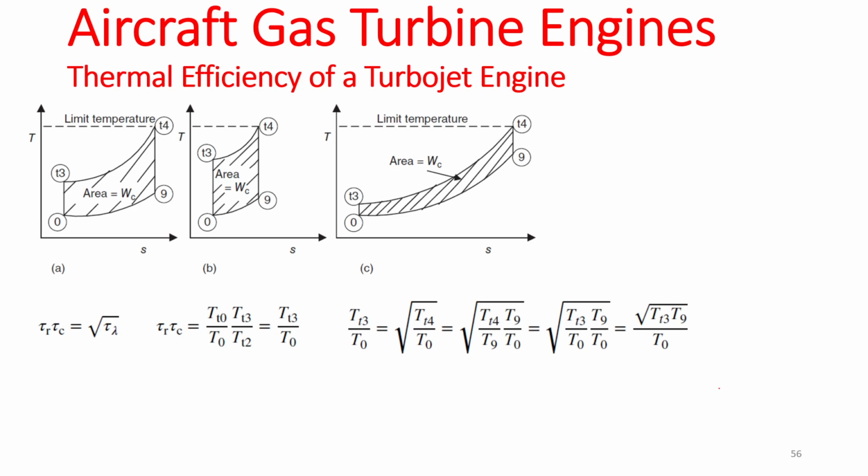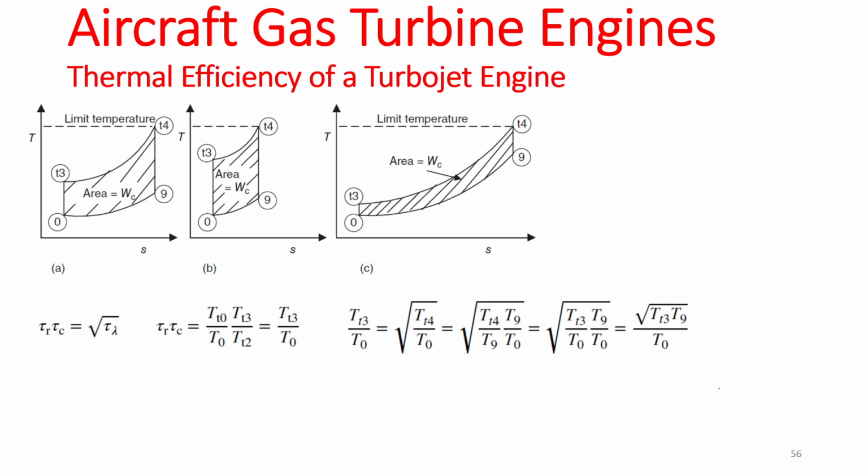And what's going to happen here is that on the numerator, you're going to have the square root of Tt3 over Tt9. And on the denominator, you're going to have just the square root of T9 to the power 2.